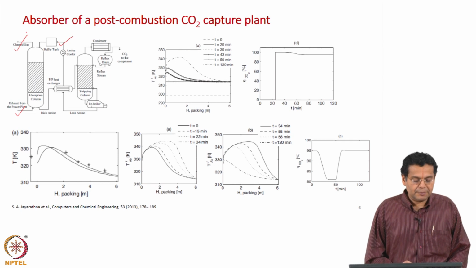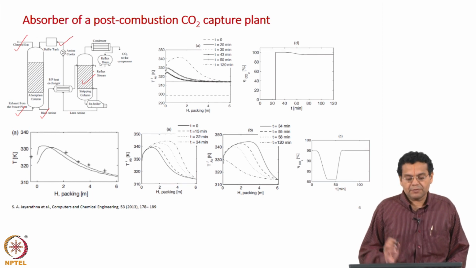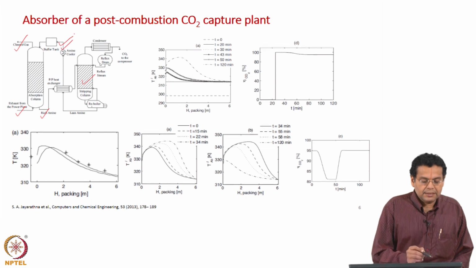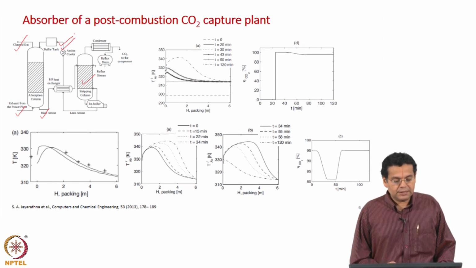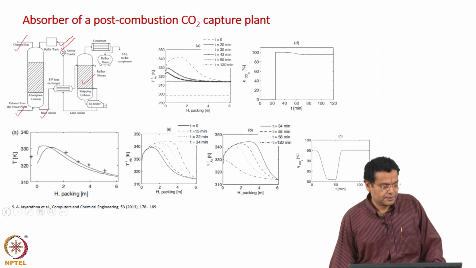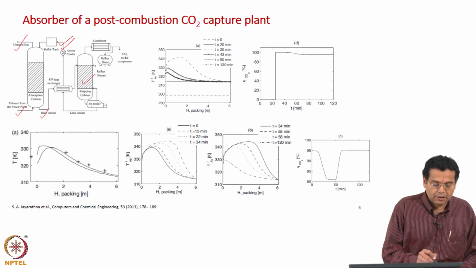What happens to the amine solution? It becomes rich in CO2. We send it to a stripping column which strips off CO2 from the amine solution and it is recycled back to the absorber. Our focus here in this slide is on the absorption column.